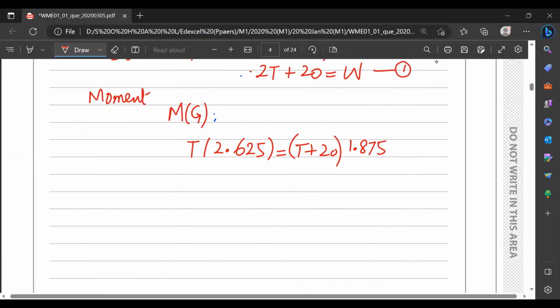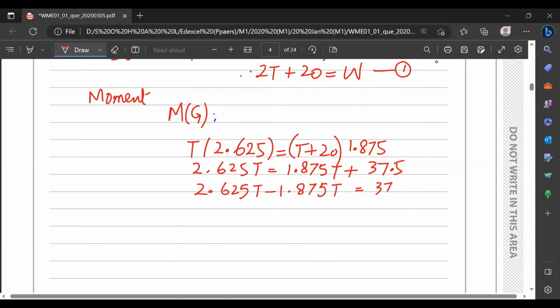Let us simplify. 2.625 T is equal to 1.875 T plus 20 multiplied by 1.875, which is 37.5. So 2.625 T minus 1.875 T is equal to 37.5.